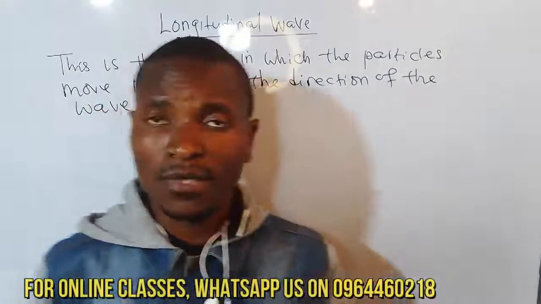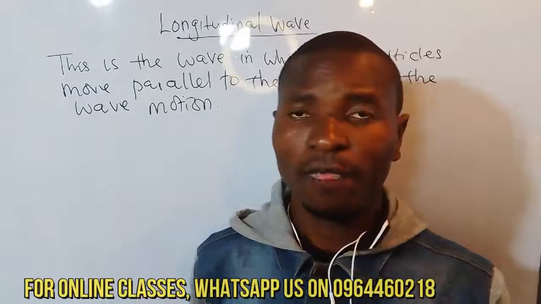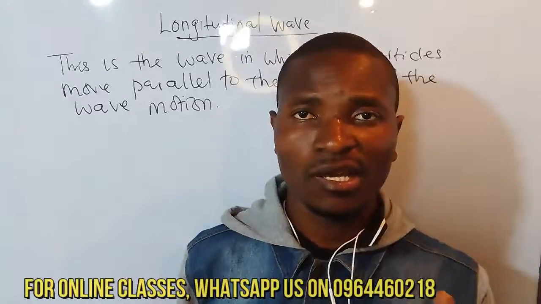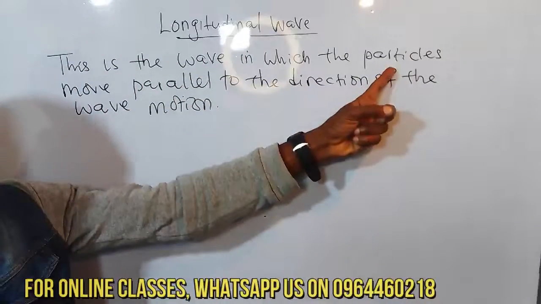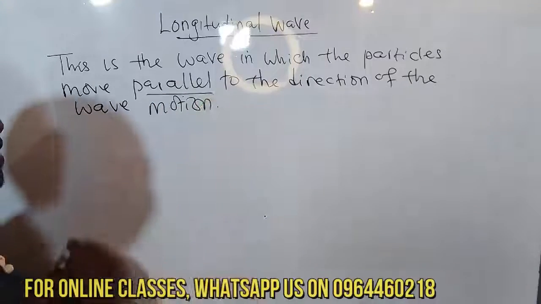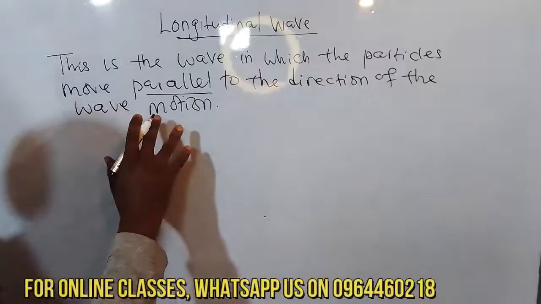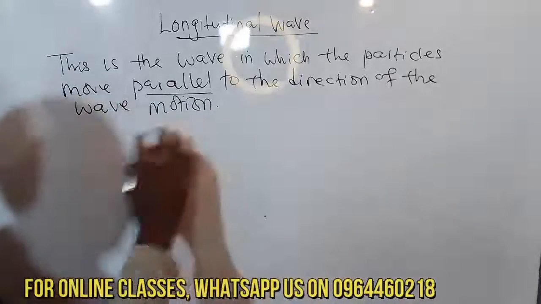When you look at a longitudinal wave, this is a wave in which the particles move parallel. So the key word is parallel. It moves parallel to the direction of the wave motion.